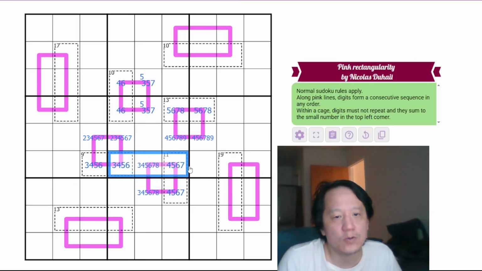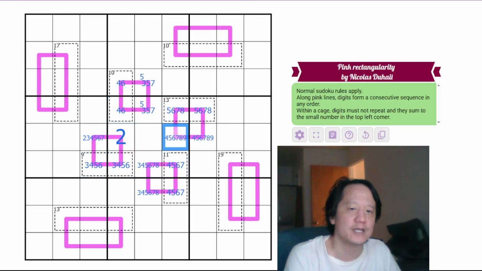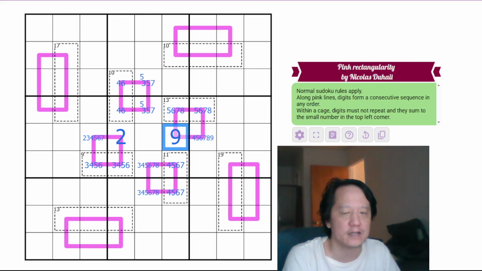Well, of these digits, we have a 3, 4, 5, 6, 7, 8 sextuplet in this box 5, which eliminates 3 through 8 in the rest of the box. So this can't be 3 through 8, it's 2. This can't be 3 through 8, it's 9.